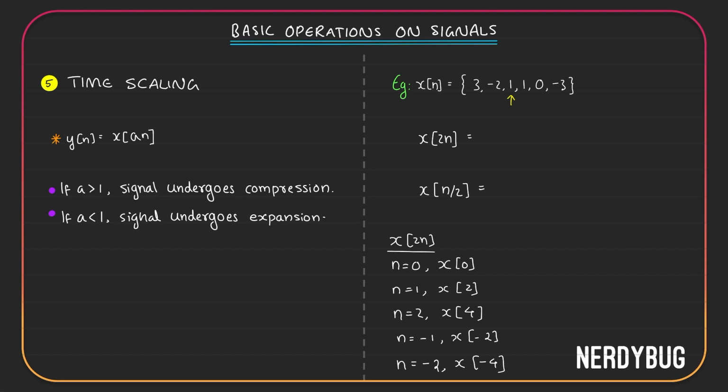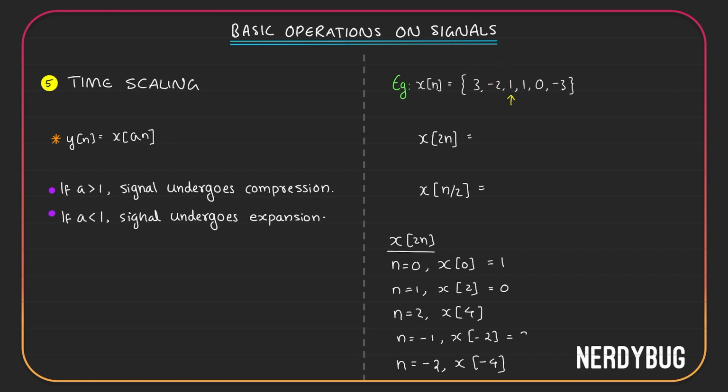So at n equals 0, x of 0, I will get 1. At n equal to 1, x of 2. X of 2 here is 0, 1, 2, it is 0. I'll get 0. At n equal to 2, I get x of 4. You can see 0, 1, 2, 3. We don't have an x of 4, so we can just leave it. N equals minus 1, I get x of minus 2. We have 0, minus 1, minus 2.